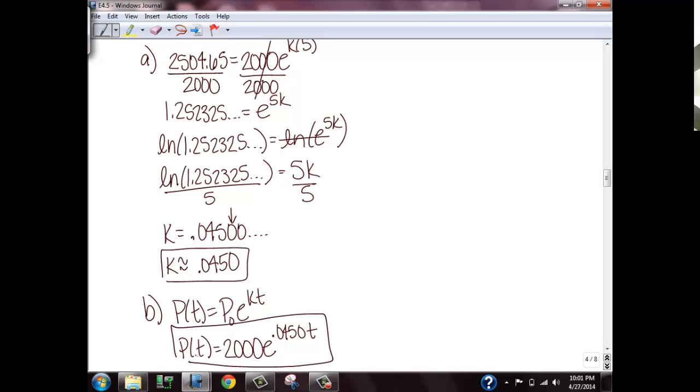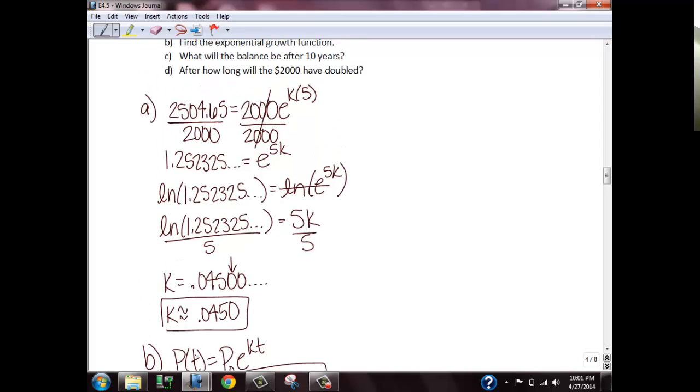So now I have my function. Once I have my function, I can now solve for whatever they want me to. So they can either give me a time and I find the amount of money, or they could give me the amount of money and I find the time it takes to get that amount. So I'm going to go ahead and scroll back up so I can see what it says.